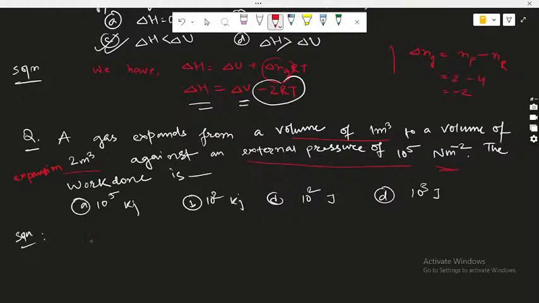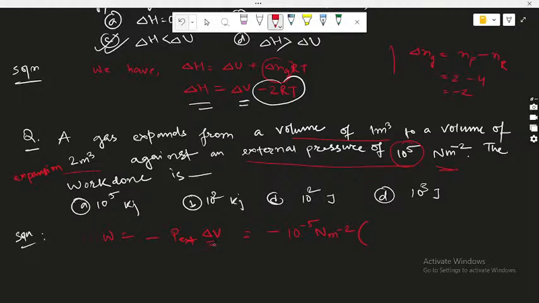So we can use the formula work done is equal to minus P external delta V. This is the formula that we are going to use.